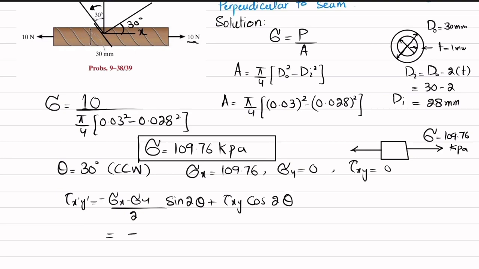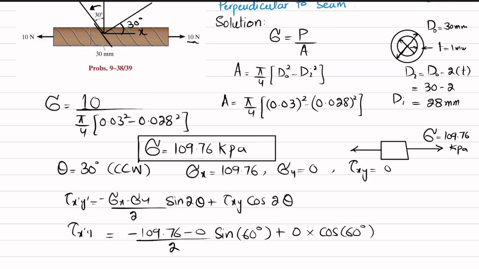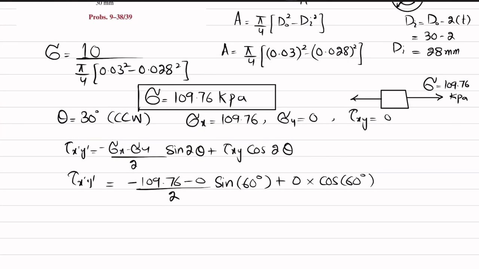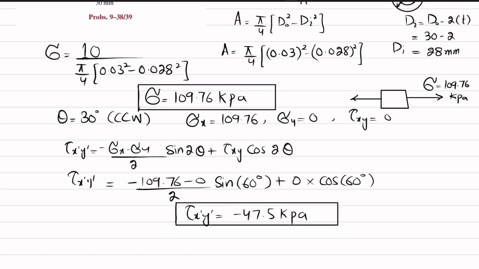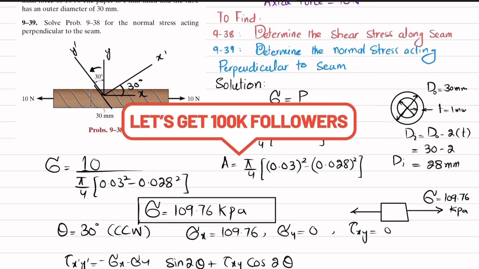Putting in the values: minus 109.76 minus 0 divided by 2 into sine of 2 theta, which is sine 60 degrees, plus tau xy, which is 0, times cos 60 degrees, which gives 0. When you calculate it, tau x dash y dash comes out to be minus 47.5 kPa. This is the shear stress along this seam.